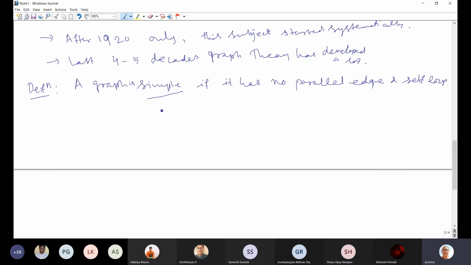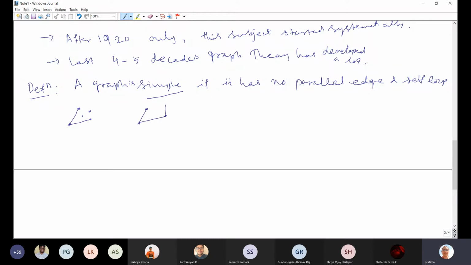If the graph has no parallel edge and self loop, then that is called a simple graph. See, this may be one example of a simple graph.